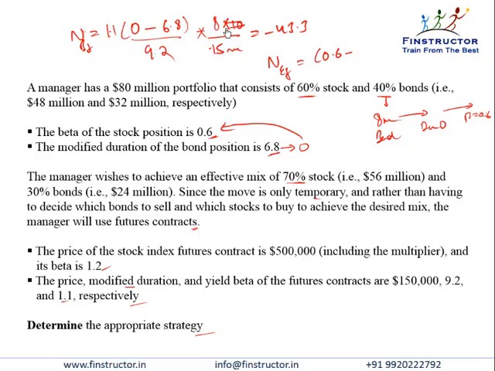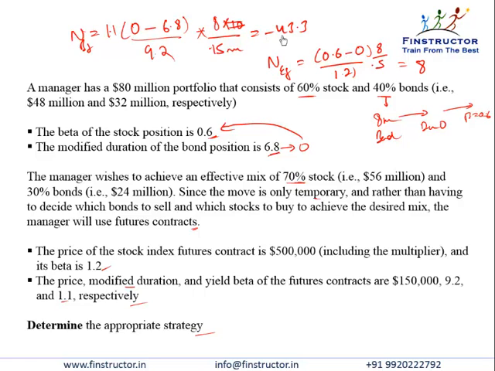The current beta for this 8 million is 0. Duration is 0, beta is also 0. The beta of the futures contract is given to be 1.2 for the equity futures. The value of the portfolio is 8 million and the value of one futures contract is 0.5 million. So the number of equity contracts needed would be equal to about 8.